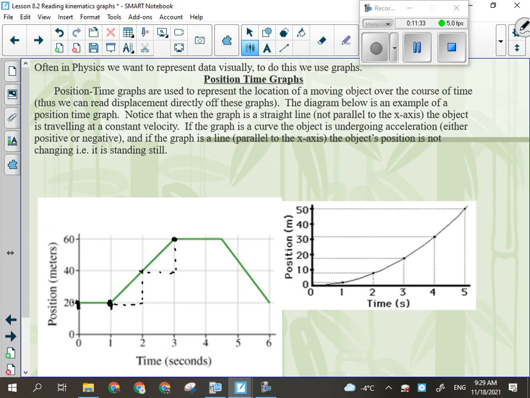Okay? So even though our gut reaction is to say, oh, it was accelerating, we have to look at that graph and go, oh, actually it's not. It's not accelerating here because it's changing its position by the same amount every time interval, in this case every second. Okay? So it was traveling at a constant velocity of positive 20 meters per second.